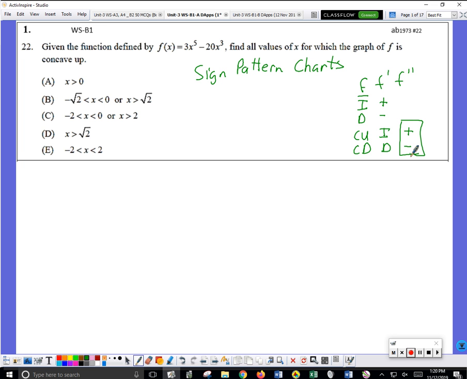This is called a sine pattern chart because you're interested in the positive or negative. So now I have a reason why I want a sine pattern chart. I want a sine pattern chart of f double prime. To create a sine pattern chart of f double prime, I must have a formula for f double prime.